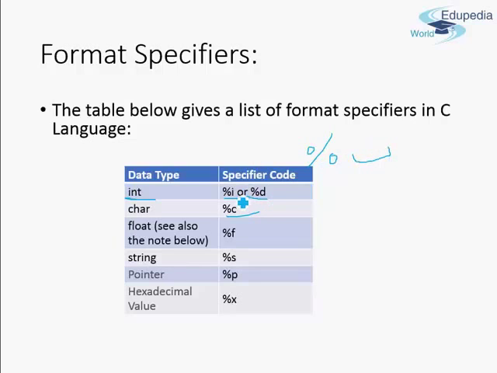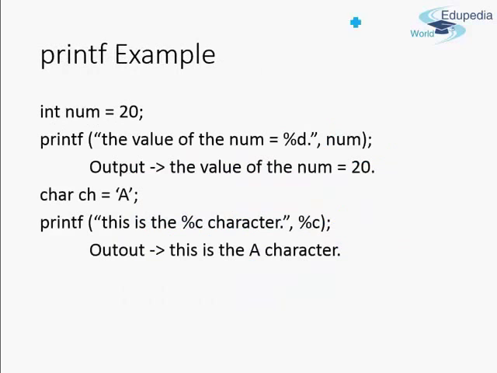The characters can be any one of these. %f is for floating point numbers and double numbers, since double is also a floating data type, a non-integer data type, so it also uses the %f notation. Then a string uses %s, pointers use %p, and hexadecimal values use %x.